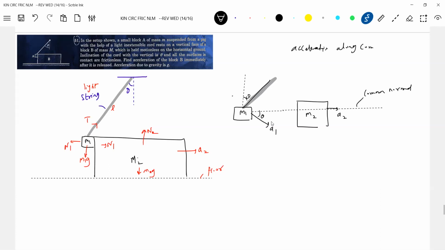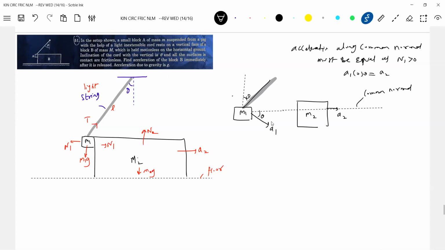Acceleration along the common normal must be equal, as N1 will be greater than 0. That's the only reason they will be in contact. The block will not lose contact, it will be pushing it, immediately after it is released. We are not doing the problem after some time.